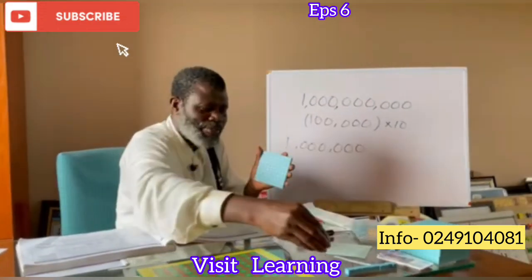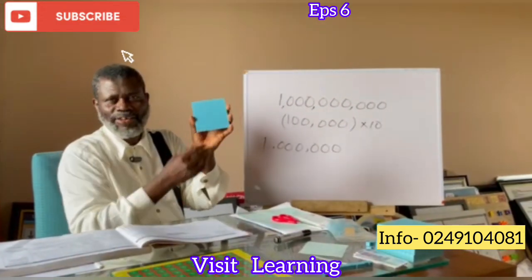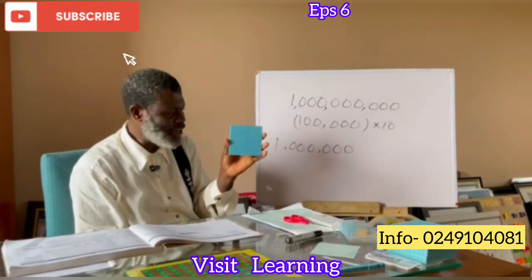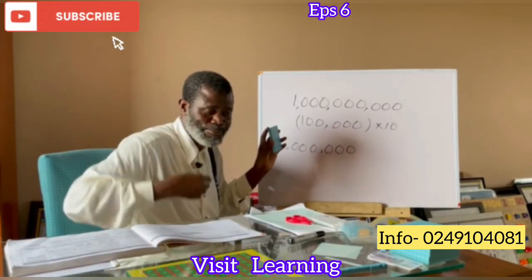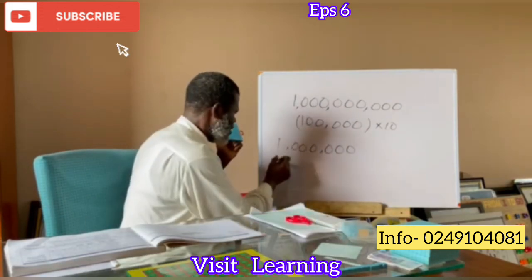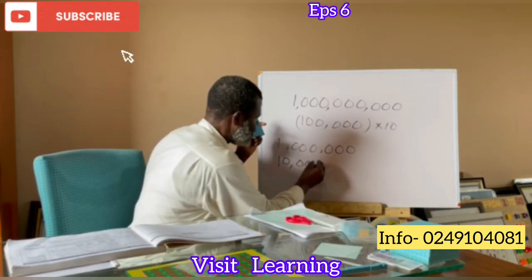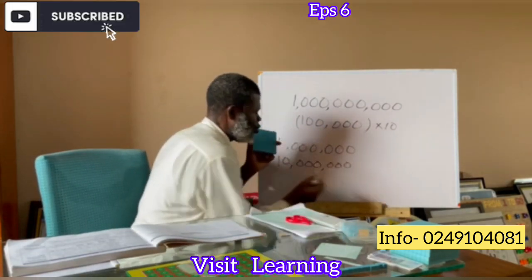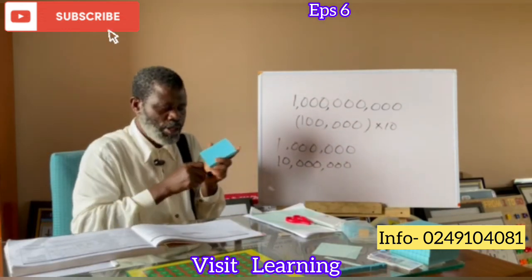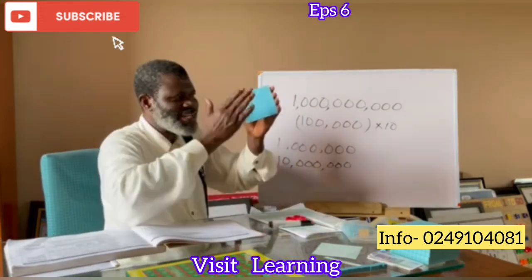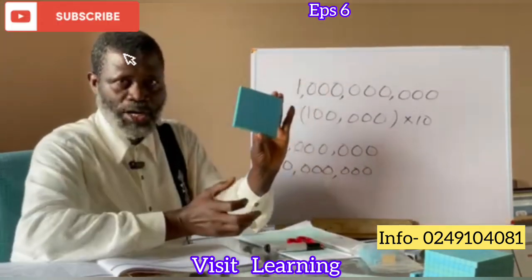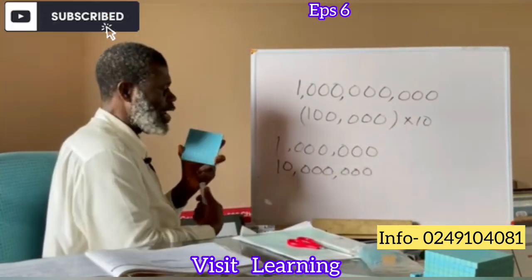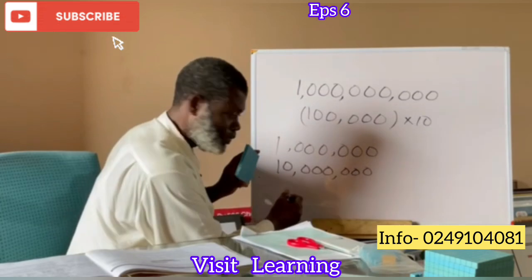But 10 of the 1 million will form our flat, meaning the flat is going to be 10 million, which is written this way. Moving further, then 10 of the flat, which gives us the block, is going to be 100 million.